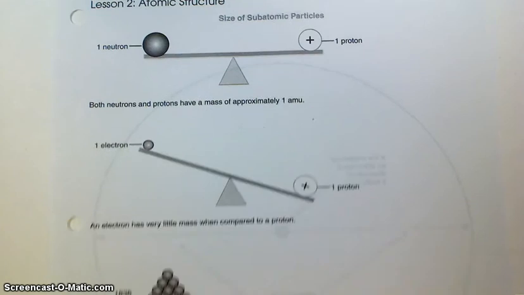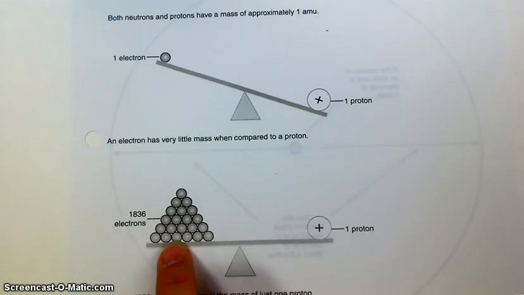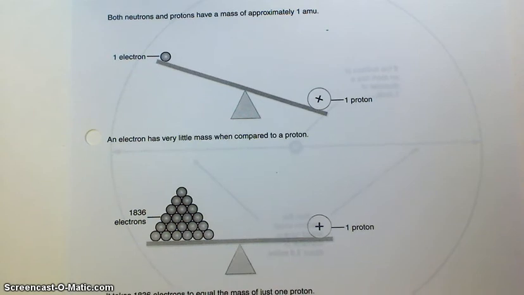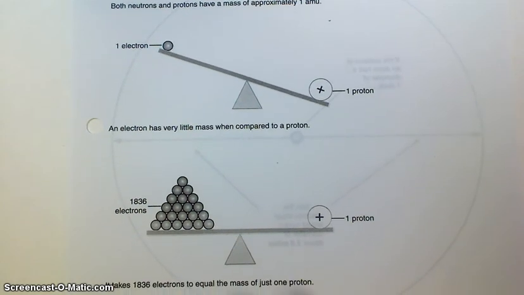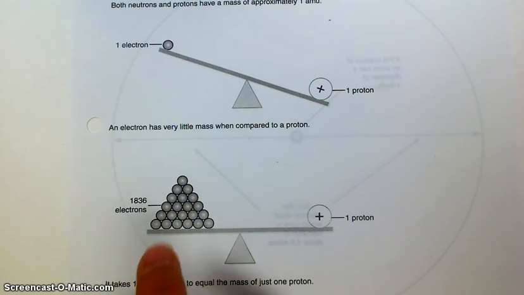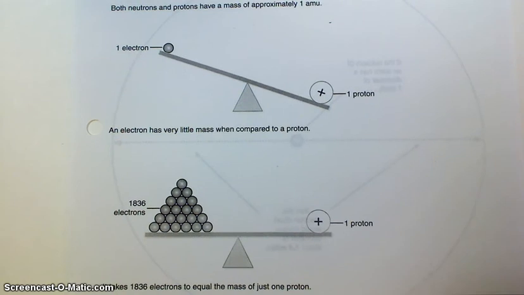It would take over 1,800 electrons just to equal the mass of 1 proton. And that's important to remember, because when you calculate the mass of an atom, you do not count electrons because they're so small. You only look at protons and neutrons.